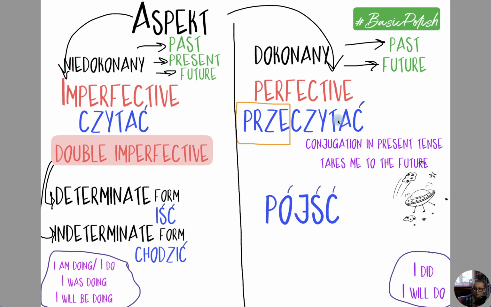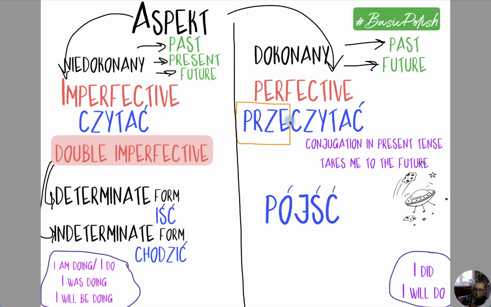This time I'm talking about something that I will do. So something which is specified in English with a tense, right? We've got a person, we've got the modal verb will, and then we've got the verb: I will cook, I will go, I will have, I will sing, I will dance, what have you, right? In Polish it is done not by tense, but by the aspect, by the perfective verb conjugated in present tense.